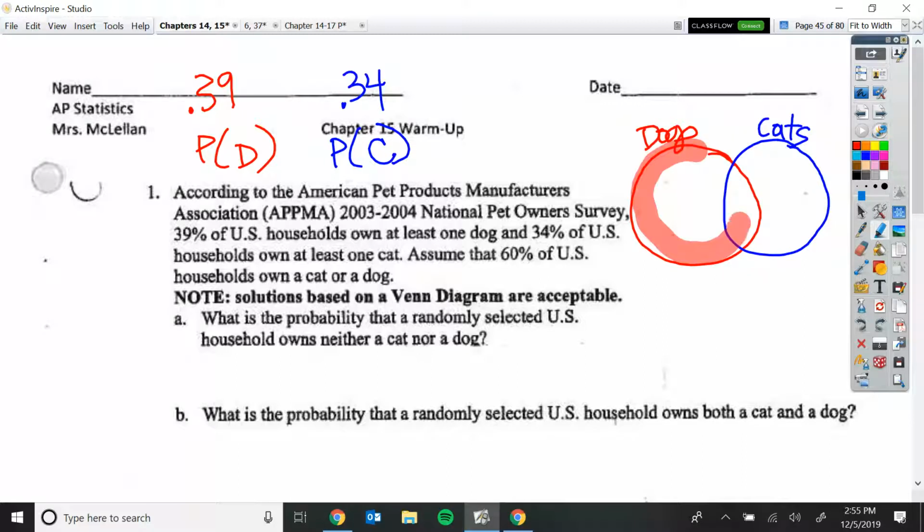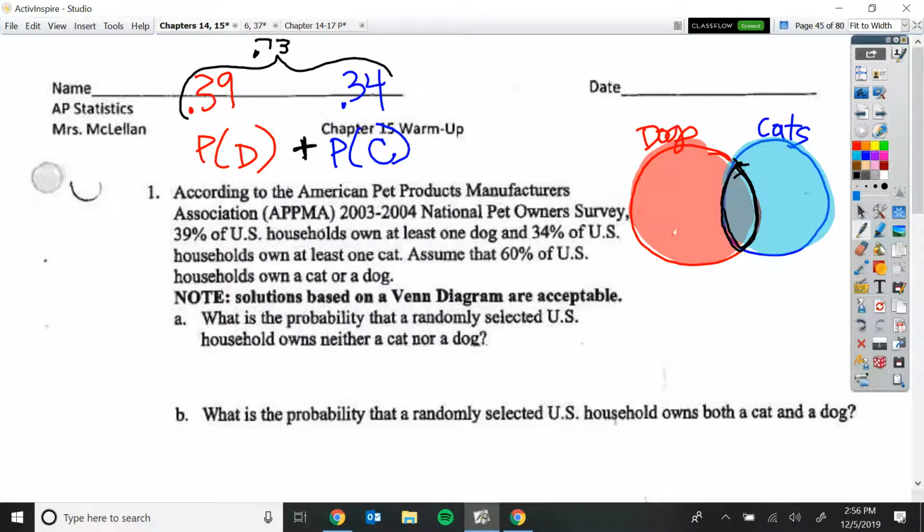If I take this 39% that are dogs and I add it to the 34% who are cats, what am I getting? I got some double counting happening in here. Adding these two together is 73%. I can see adding it together had this double counting, so I got to figure out how much is that double counting.